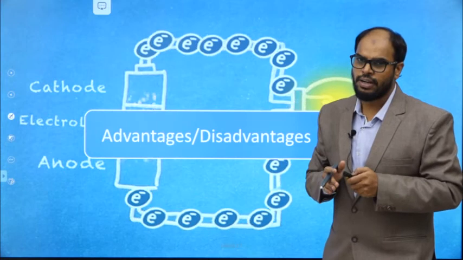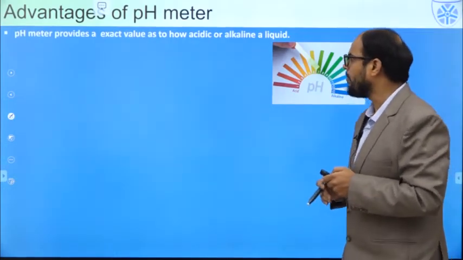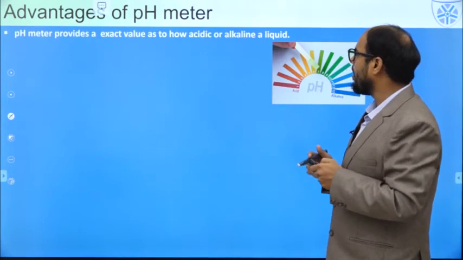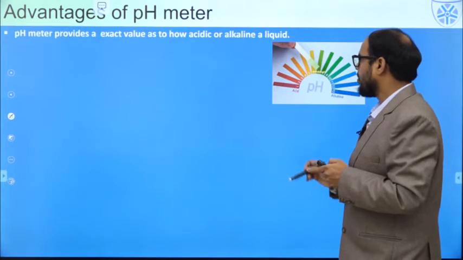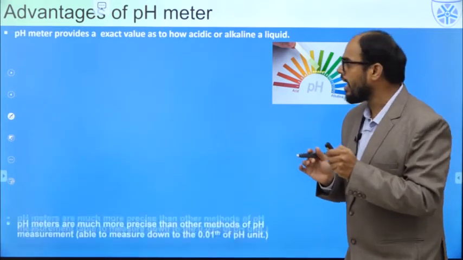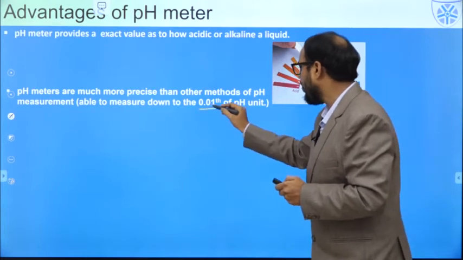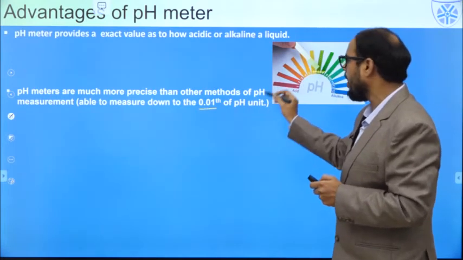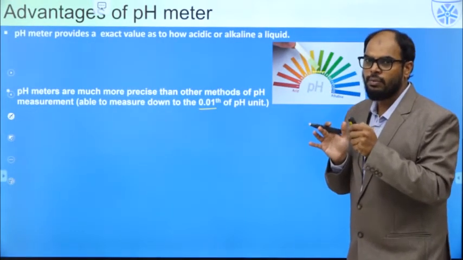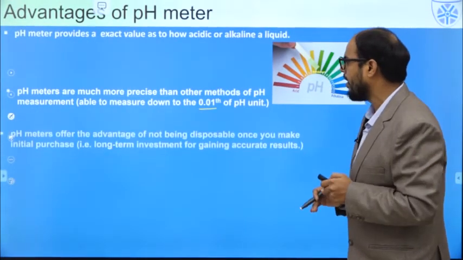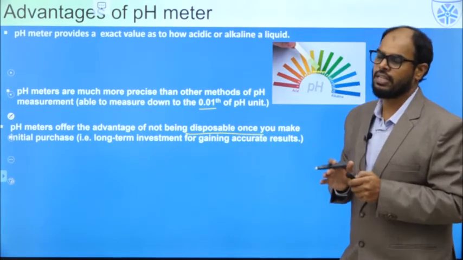Usage of pH metry has some advantages as well as disadvantages. Let us try to highlight the advantages of a pH meter. When compared to pH paper, the pH meter gives exact values, up to 0.01 of a pH unit. This is the most basic advantage of using a pH meter. And the pH meter cannot be disposed of once we purchase it.